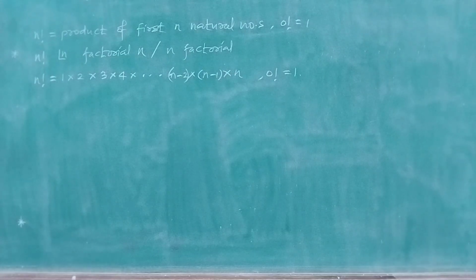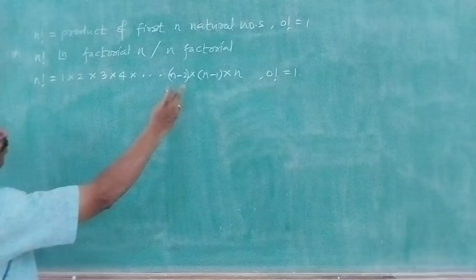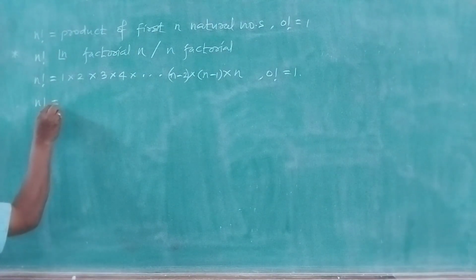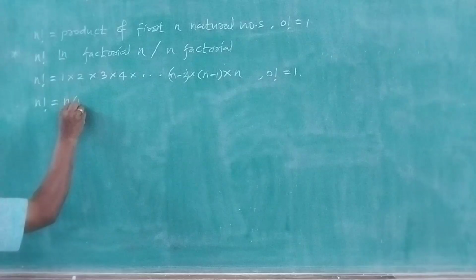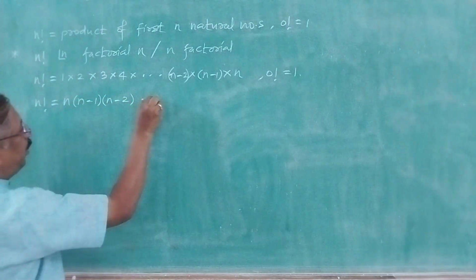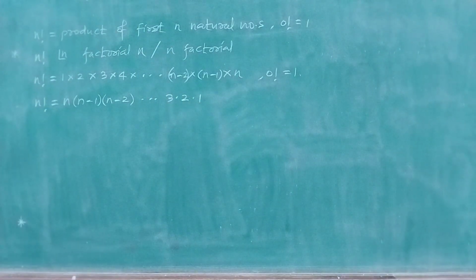Now this n factorial, which we have written as 1 into 2 into 3 into 4 and so on up to n, for simplicity and convenience we write as n multiplied by n minus 1 multiplied by n minus 2, and so on up to 3 multiplied by 2 multiplied by 1.